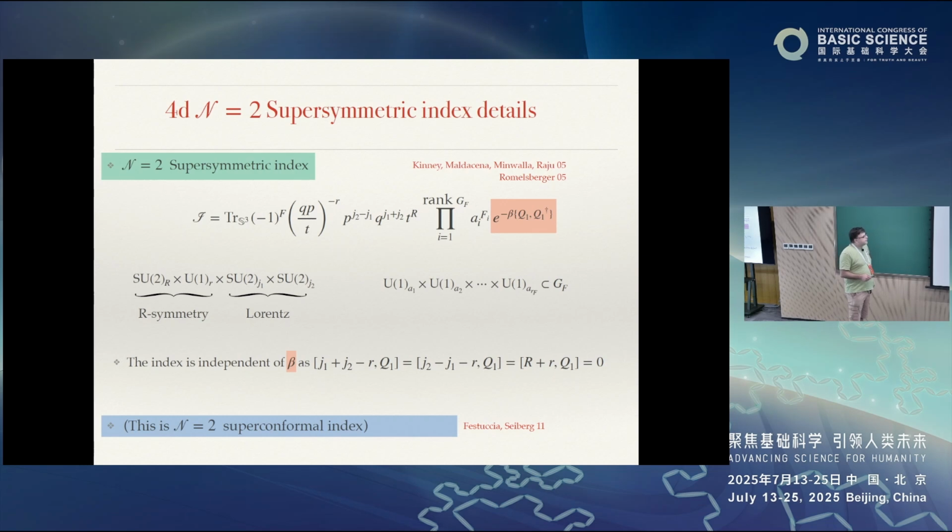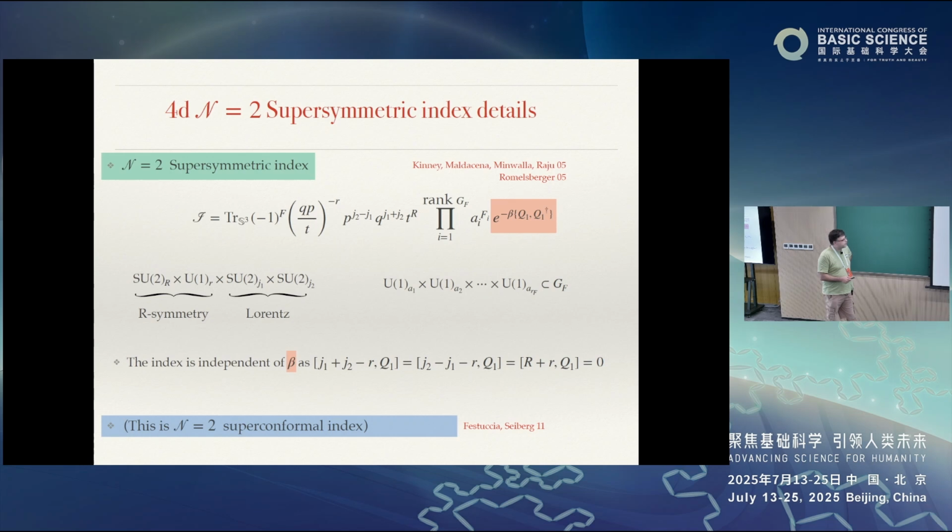And notice that the parameters that appear in the index are not the most general fugacities that you couple to the symmetries. You only turn on fugacities for symmetries which commute with the choice of your supercharge. And then the index is actually independent of this beta. It's a type of a Witten index. And you have fewer parameters that you can turn on.